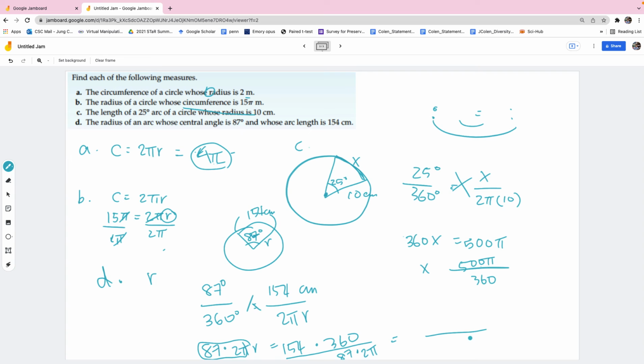So if you solve it, you're going to have some number over pi. Let me actually see that. 154 times 360 divided by 87 times 2, you have pi, keep the pi, and you have 318.62, about. So that's about the radius.